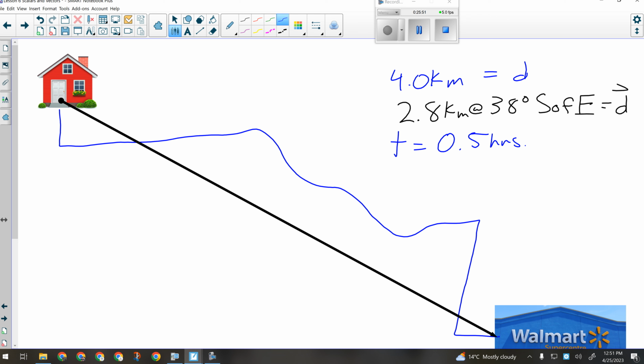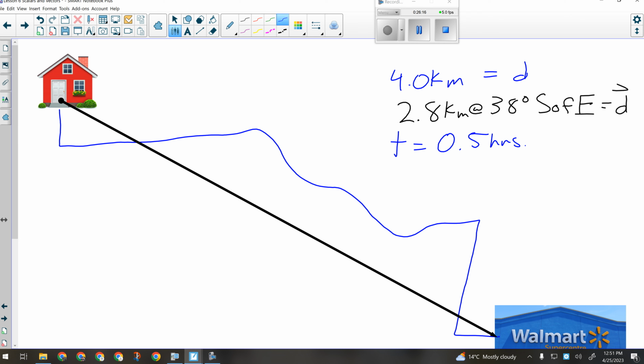How far would I have walked in an hour? 4 kilometers in half an hour. How far would I have walked in a whole hour? 8, right? If I walked 4 kilometers in half an hour, that means I walked at 8 kilometers per hour.